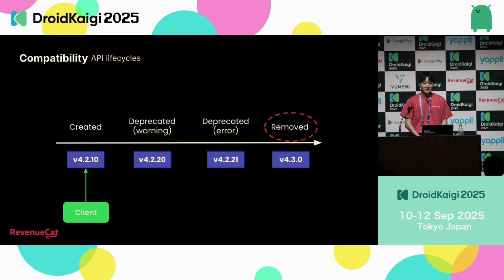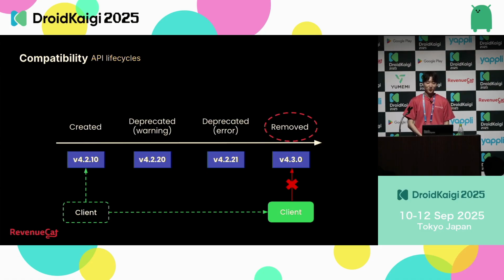The problem is, even though we provide the deprecated annotations for the migration guidelines, users can directly jump to the removed API versions, and they still face the build failure anyway.